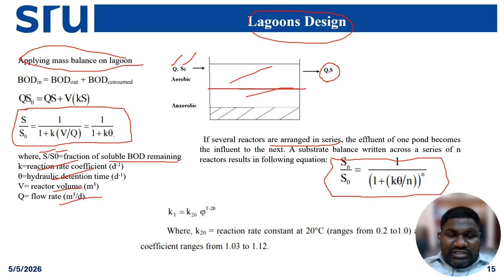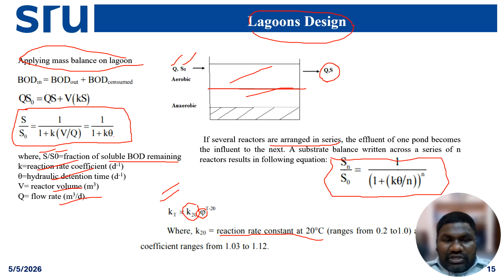The reaction rate constant at 20 degrees centigrade is taken as the reference, and if the temperature is given, maybe 35 or 45, we need to calculate it. The K20 value will be given as a constant, and the theta value will also be provided. Substituting here, we get the particular K30. If you want, you can calculate K40 or K10 also. That theta value is in a range of 1.03 to 1.12.